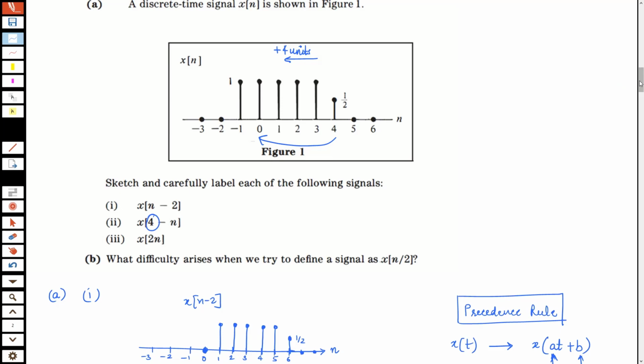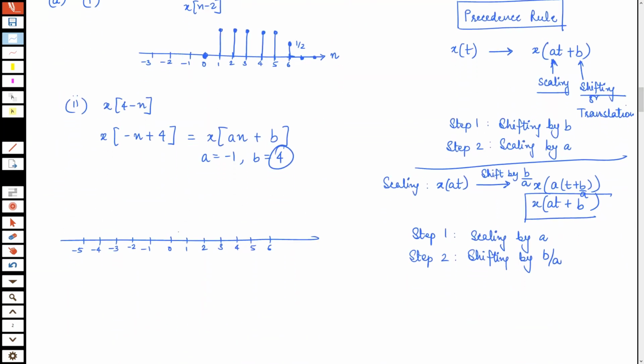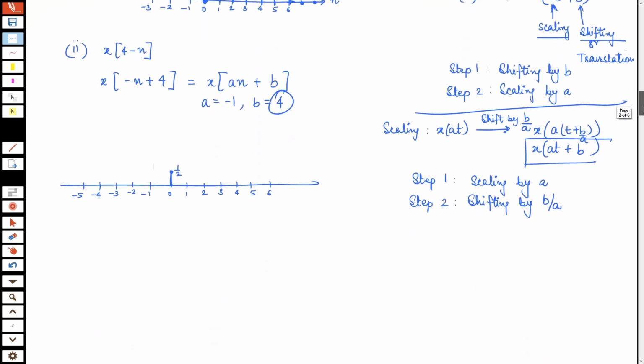Okay, so I'm going to start from the right side, and whatever was at 4, that is the value 1 by 2, signal value 1 by 2, keeping it here, right? And everything else we are moving. So there were 4 or 5 samples of value 1, right? What is this right now? This is x of n plus 4.